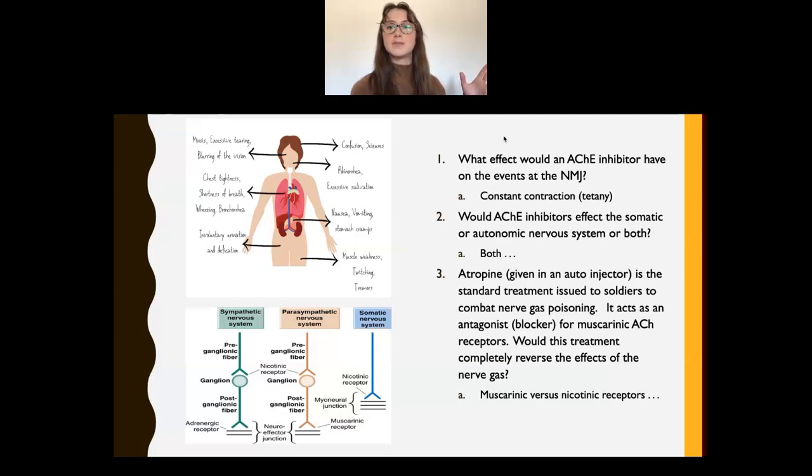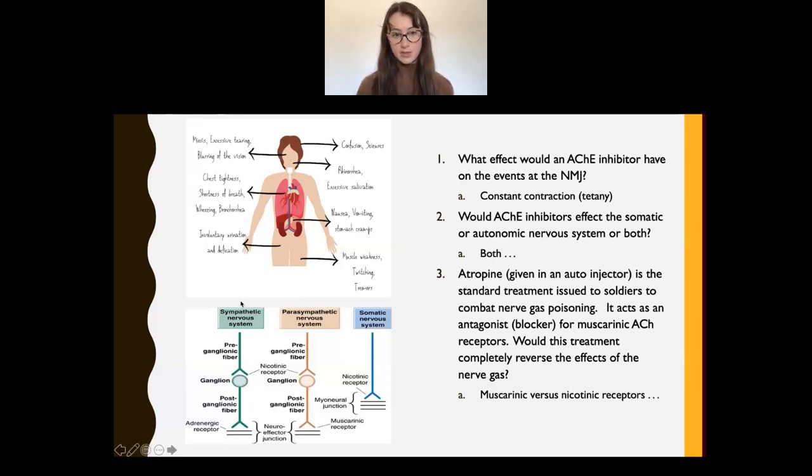But what about the autonomic nervous system? Well, refer back to the picture that I just drew, and also in this little schematic on the bottom. We just learned that in the parasympathetic, there's a pair of acetylcholine neurotransmitter molecules being released both from the pre-ganglionic fiber and the post-ganglionic fiber.